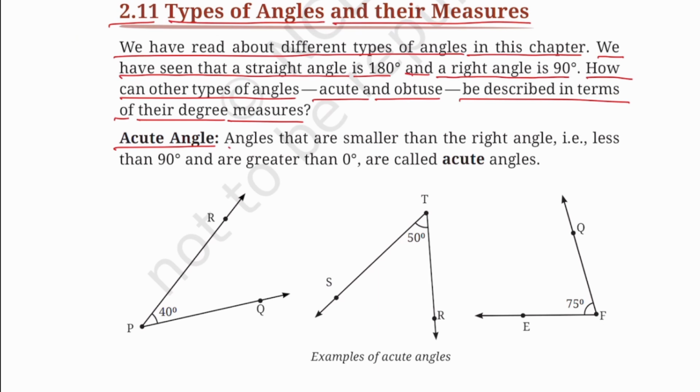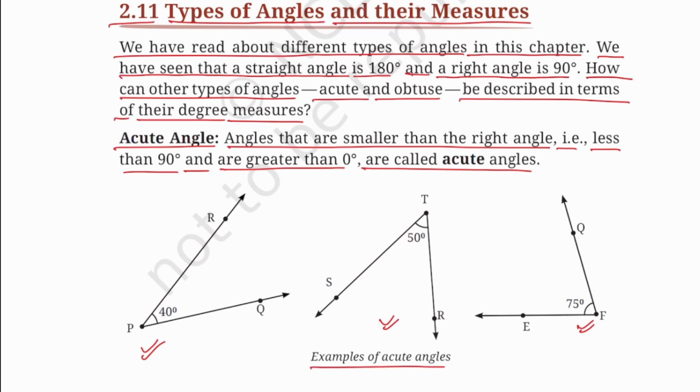Acute angle. Angles that are smaller than the right angle, that is less than 90 degrees and greater than 0 degrees, are called acute angles. For example, 40 degrees, 50 degrees, 75 degrees are examples of acute angles.